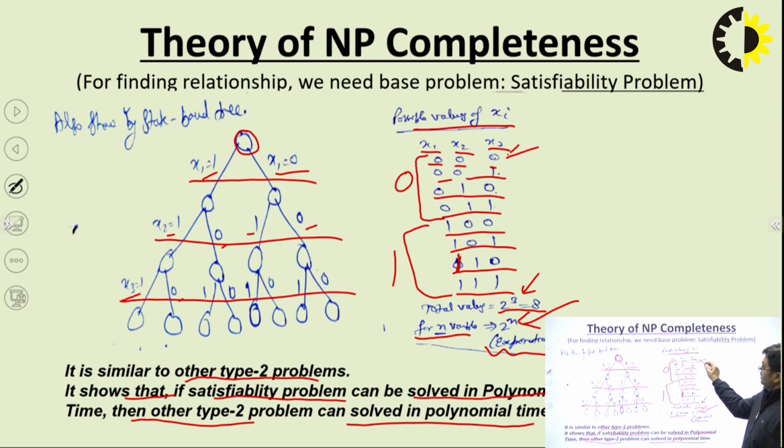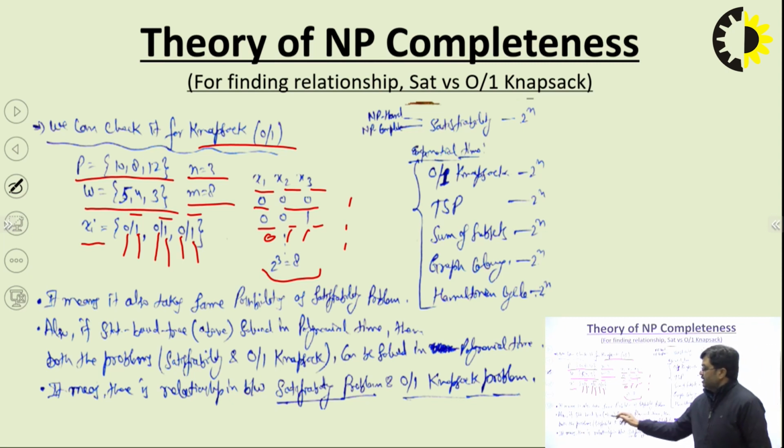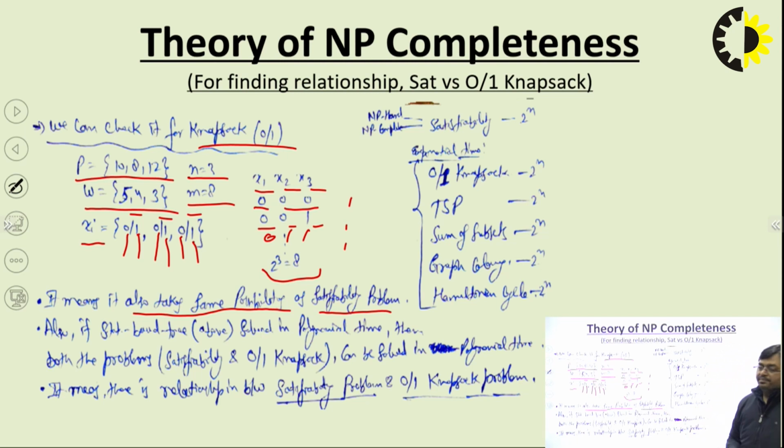We can have none, only x3, only x2, only x2, x3, only x1, only x1, x3, only x1, x2, or all x1, x2, x3. All the cases will be like the satisfiability problem. It has the same possibilities as the satisfiability problem.